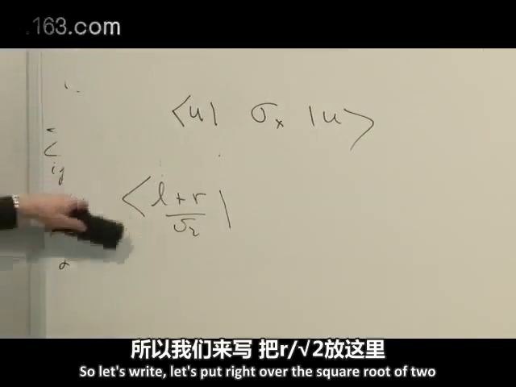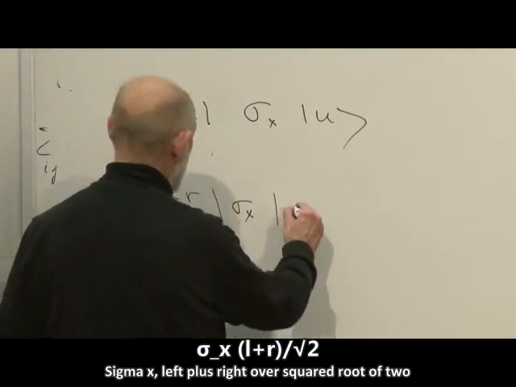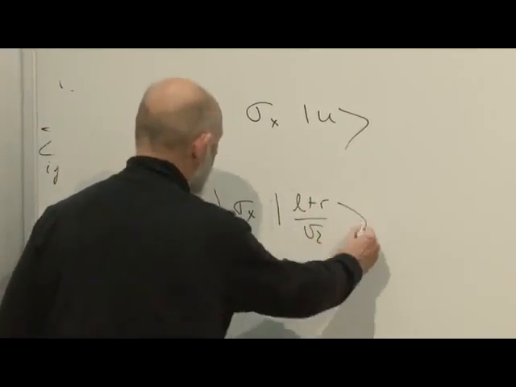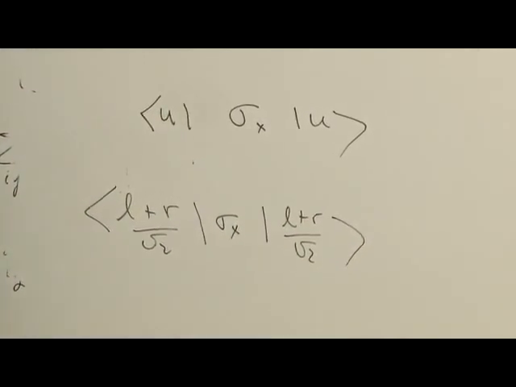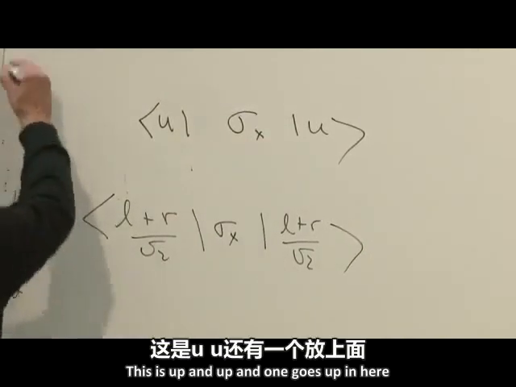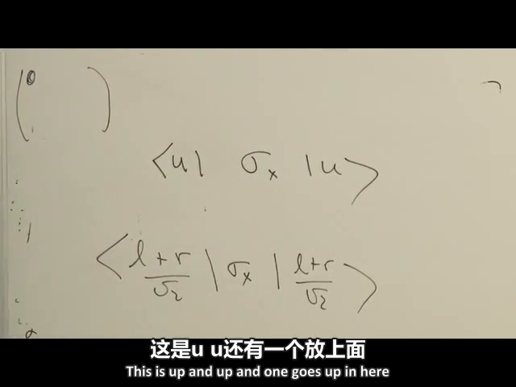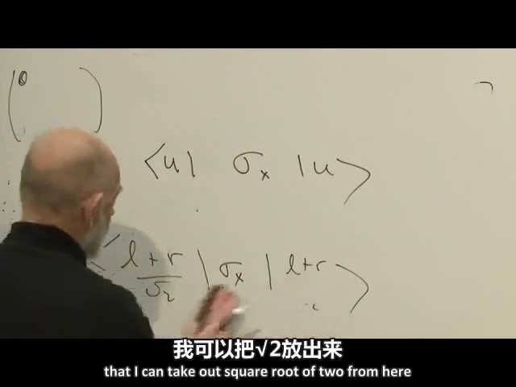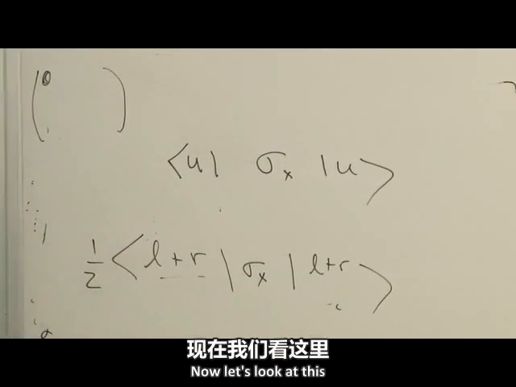So let's just write it as left plus right over the square root of 2, sigma x, left plus right over square root of 2. This is sigma x up, the up entry. First of all, there's a factor of square root of 2 from here and a square root of 2 from here. That's altogether 1/2.